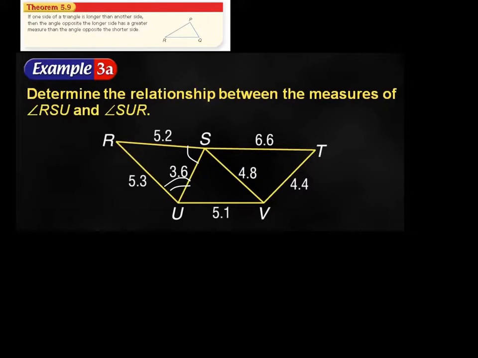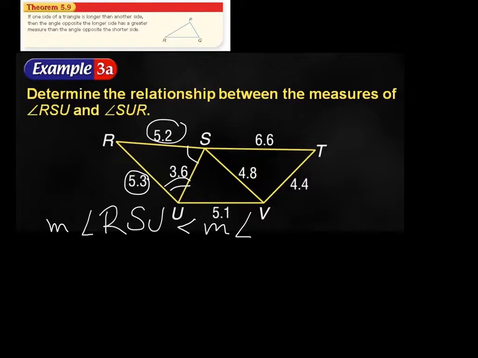Looking at the side opposite the first angle we have 5.3 and the second angle we have 5.2. So 5.3 is bigger, so that means the measure of angle RSU must be bigger than the measure of angle SUR.